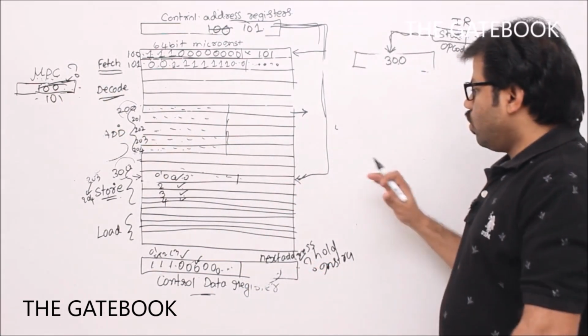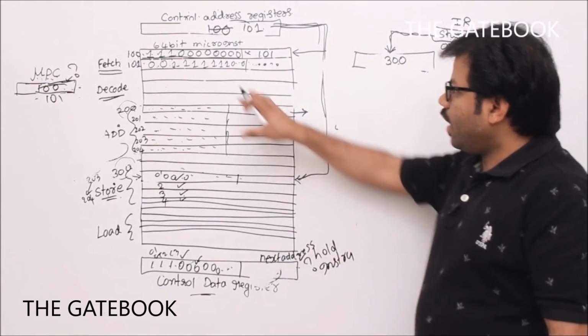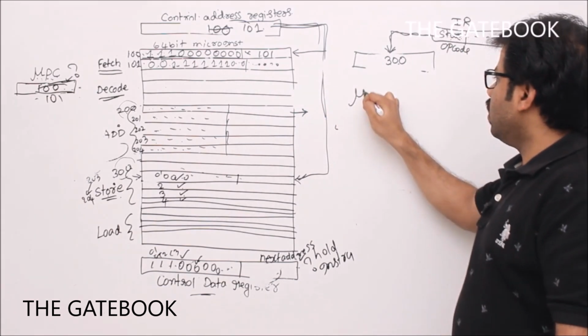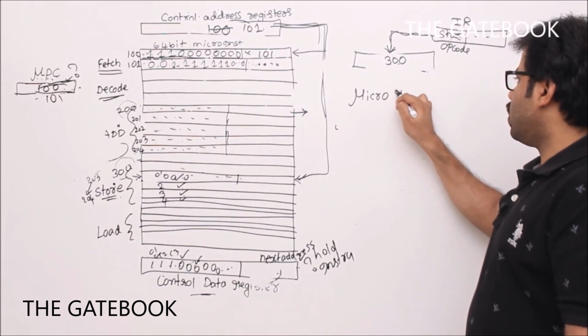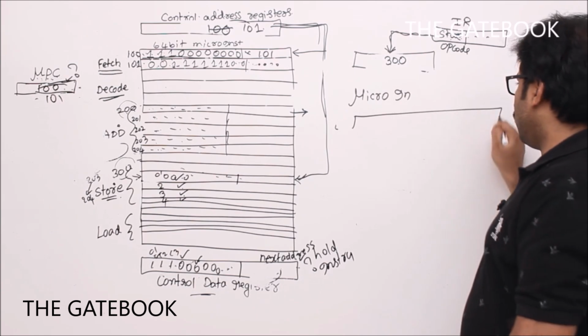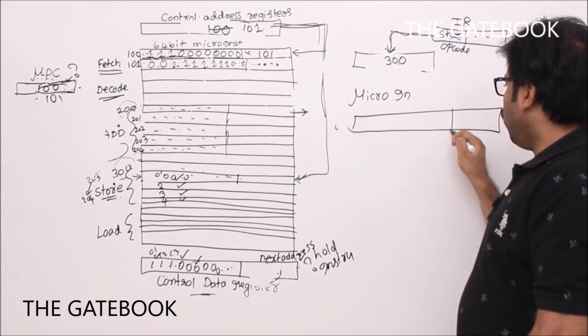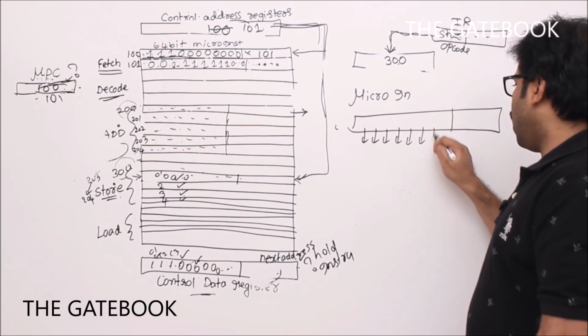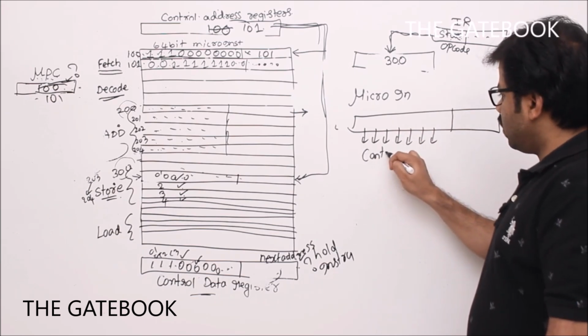Now slowly you realize the structure of your micro instruction. A micro instruction should contain at least two parts. One is for generating the control signals, so this part is going to generate the control signals.